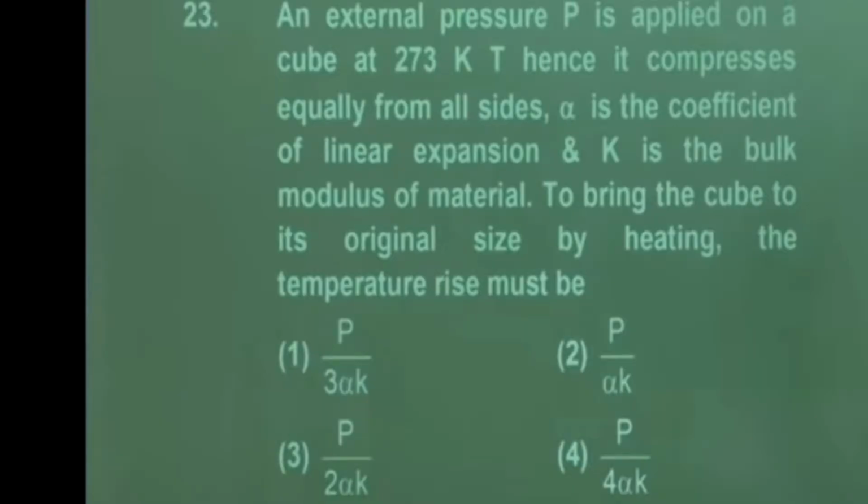So here another problem is, an external pressure P is applied on a cube at 273 Kelvin. Hence, it compresses equally from all sides. Alpha is the coefficient of linear expansion and K is bulk modulus of a material.